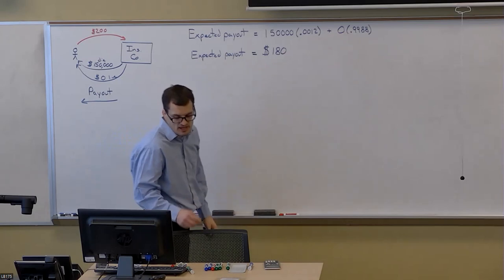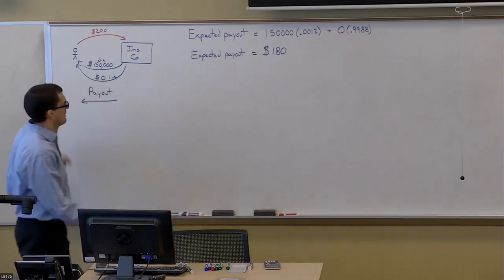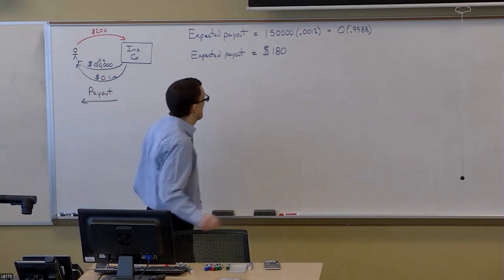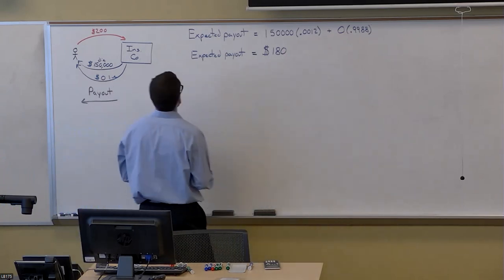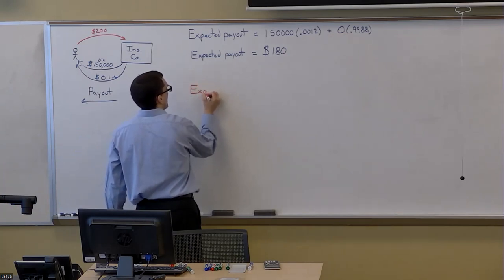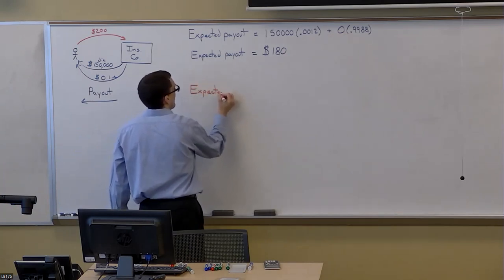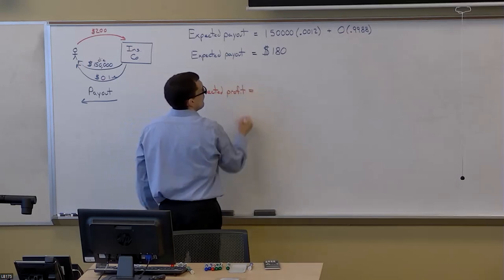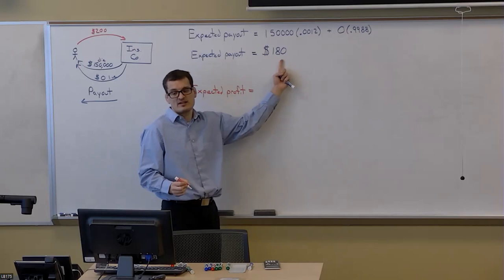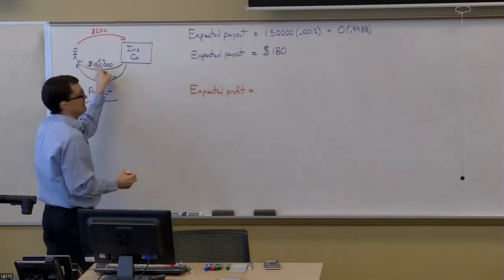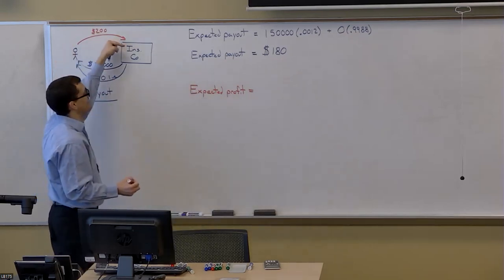Okay. Now, here's where this comes into play. If we're talking about the average profit, well, we're going to be paying out $180 on average per person, but we get in 200.